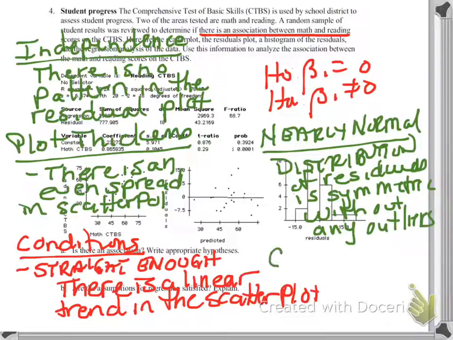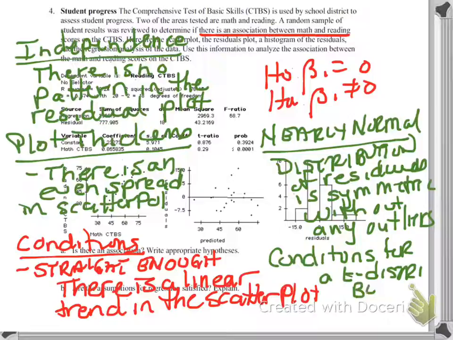And then I'm going to say conditions for T distribution have been met. Wow. I really used up that page, didn't I?